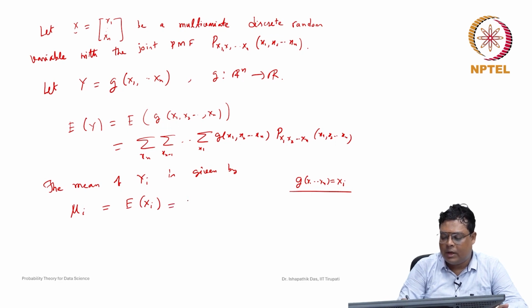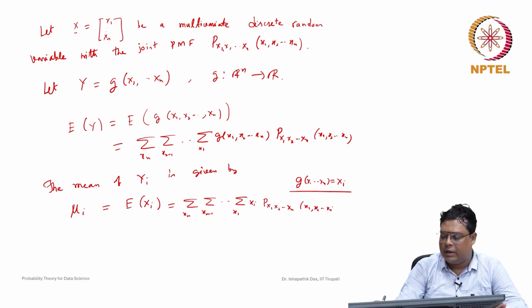So this will be the summation over all possible values of xn, xn minus 1, up to x1, of g(x1, x2, xn), which is nothing but xi, the ith value, times the probability p(x1, x2, xn).